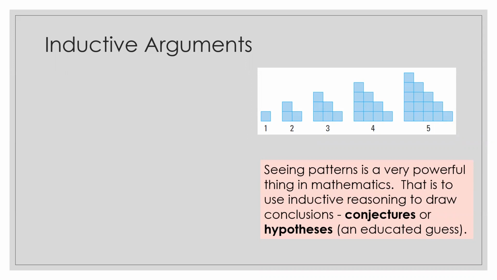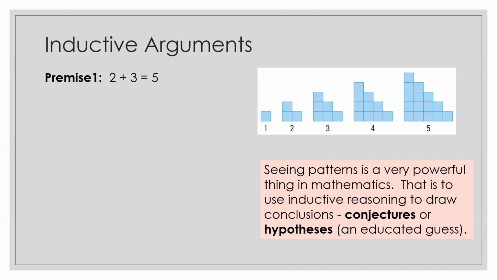It's a very powerful thing to do in math, to see patterns so that you can make a conjecture of what might happen in a general case. That conclusion is also sometimes called a hypothesis or an educated guess.